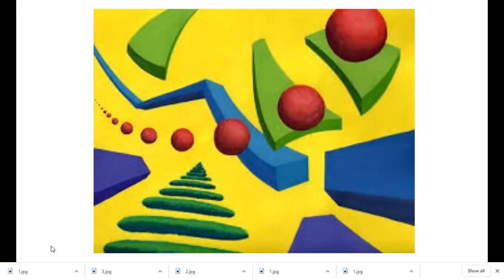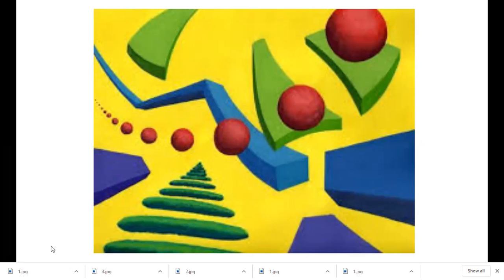So that must mean that the red balls are closer to me. There's low versus high. I guess the rectangles at the bottom look like they're closer to me than maybe the blue zigzag in the middle.